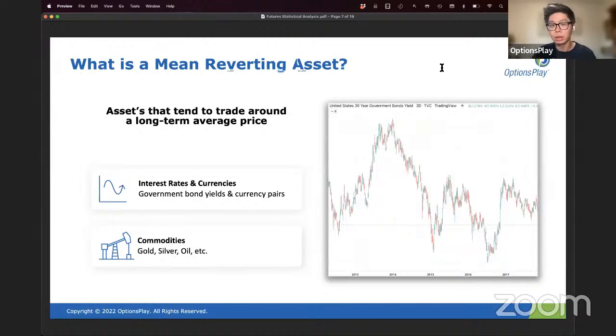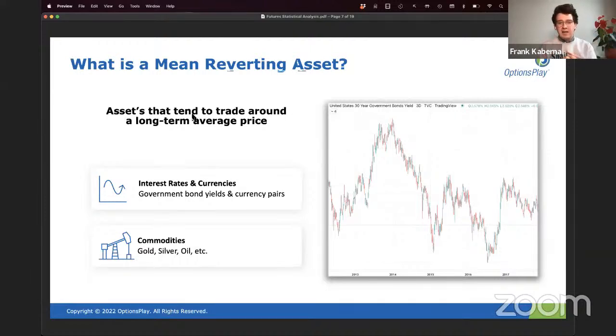So Frank, do you mind talking a little bit about what a mean reverting strategy is and what type of products are mean reverting? Yeah, absolutely. And I don't want to oversimplify this because a lot of numbers and data did go into this strategy in the presentation here today. But I always back this out to this idea: you look at the 30-year US Treasury bond rate.